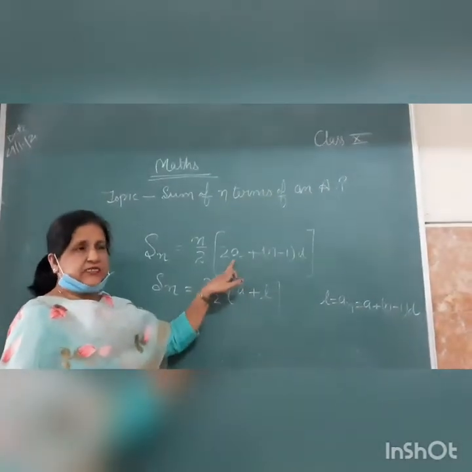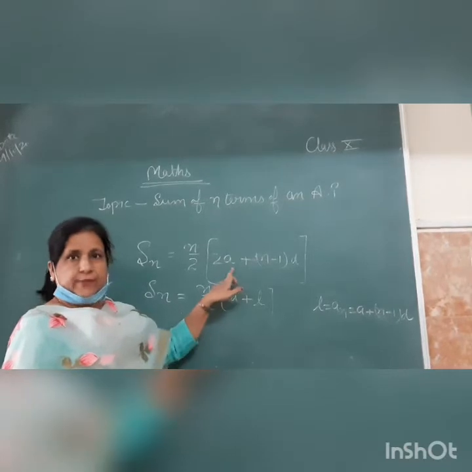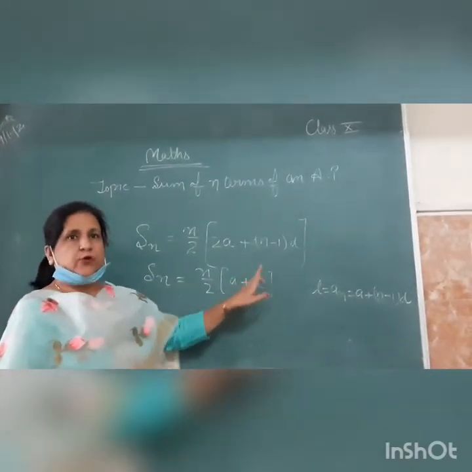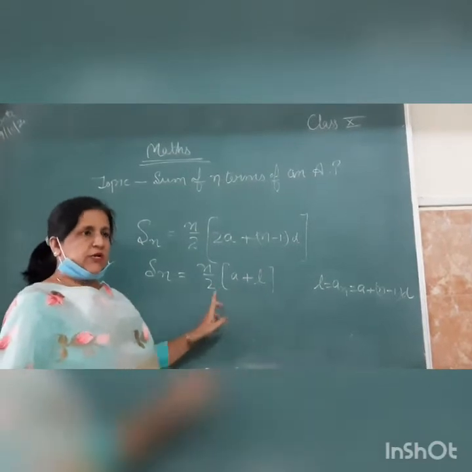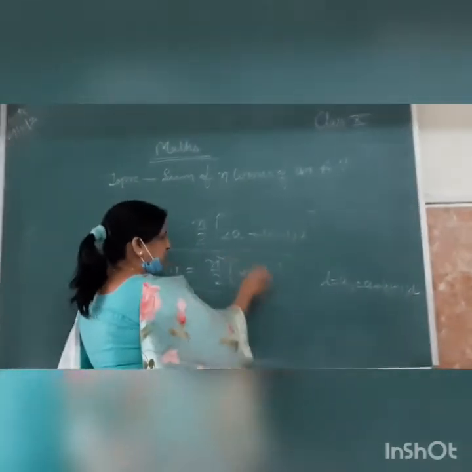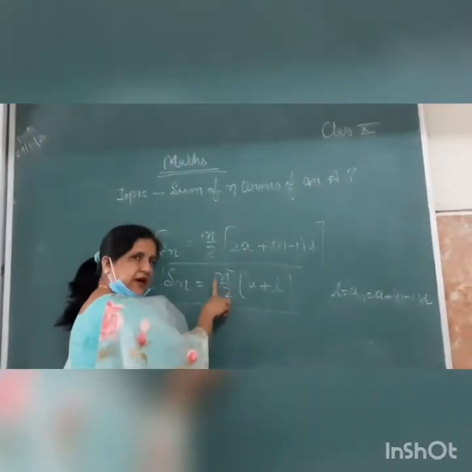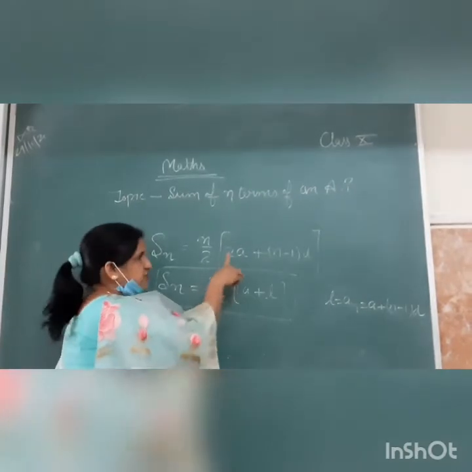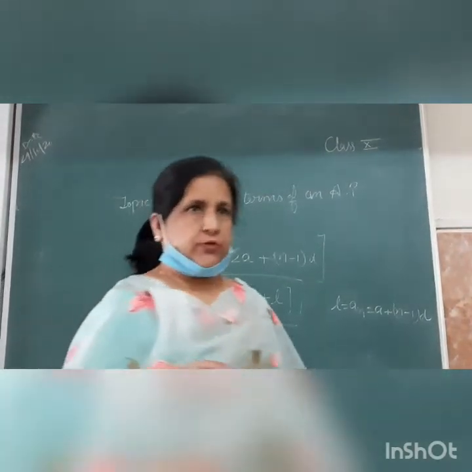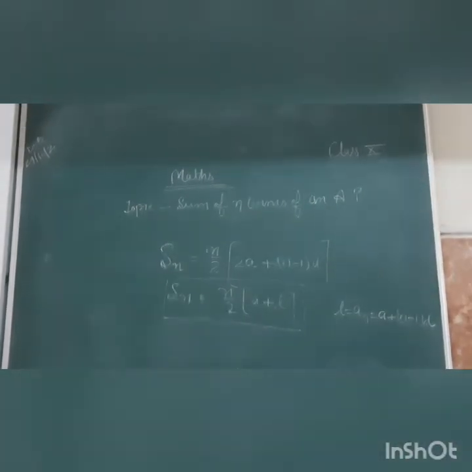If you write it here, a plus a plus (n-1)d, the value of a + (n-1)d will be l, so that is the formula we get. This formula will be used only when the last term is given, a is given and n is given. Otherwise, we can use the earlier formula if the AP series is given.